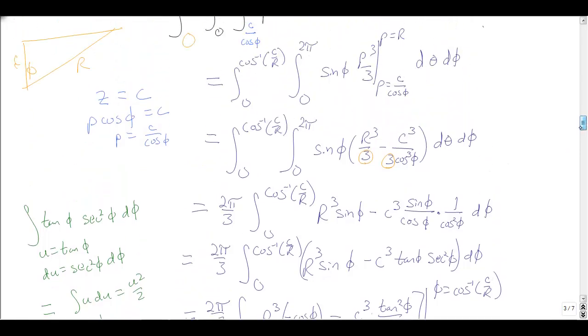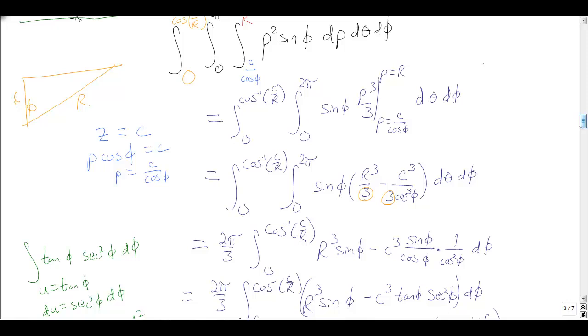Well, our triangle here, this is phi. This third leg is going to be the square root of r squared minus c squared. So this side over here is c, just by the Pythagorean theorem. And so the tangent of this angle, whose cosine is c over r, is going to be the square root of r squared minus c squared over c.